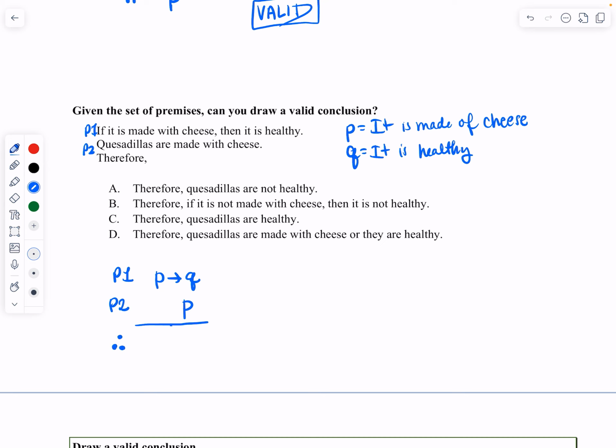To figure out the conclusion, I'm going to look at that chart and look for when P1 is the conditional if P, then Q, and P2 is P. And I see that with direct reasoning. With direct reasoning, the conclusion is Q. So Q is it is healthy. So I would write, therefore, quesadillas are healthy. So C would be the answer to this. So this is the answer or the conclusion based on direct reasoning.